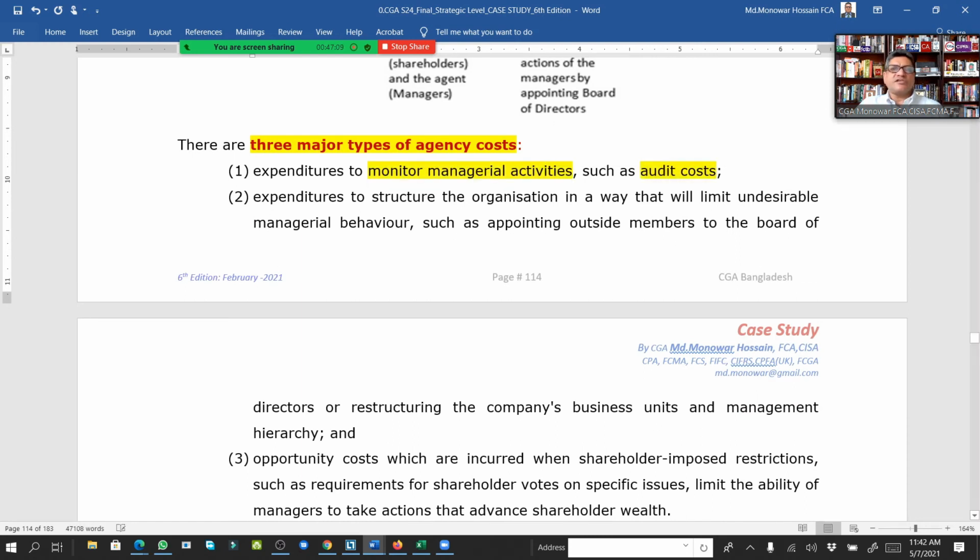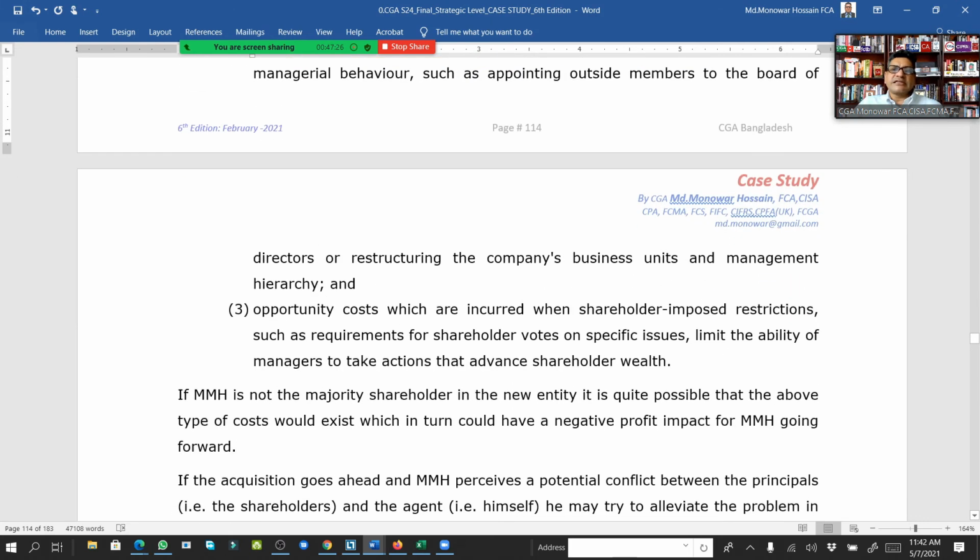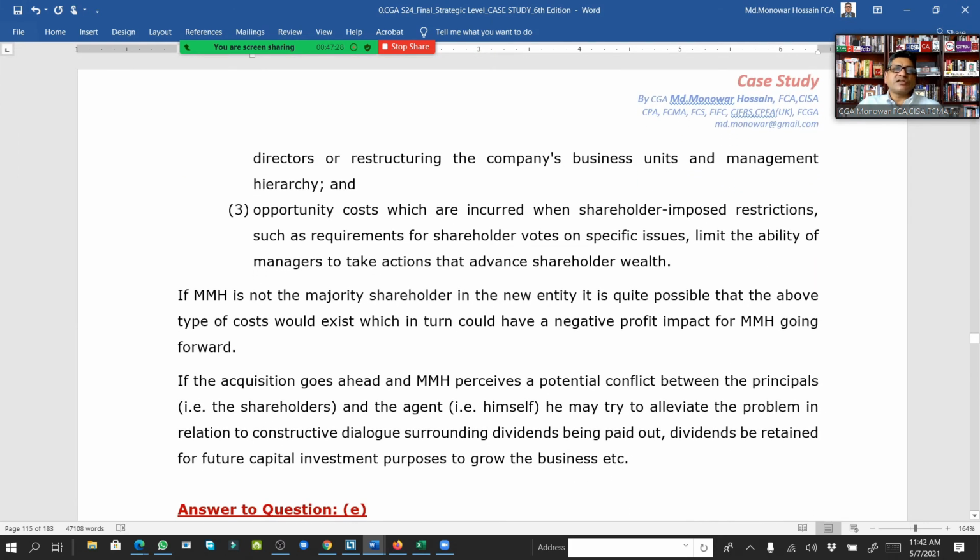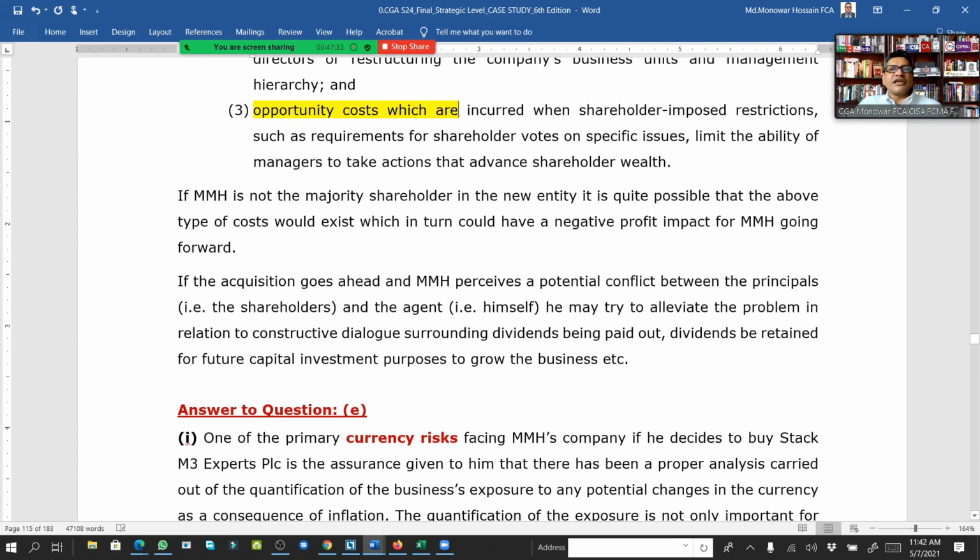Expenditure to structure the organization in a way that encourages desirable managerial behavior, such as appointing outside members to the board of directors, is agency cost. Opportunity cost is also an agency cost. So if MMA is not the majority shareholder in the new company, it is quite possible that the above types of cost would exist.